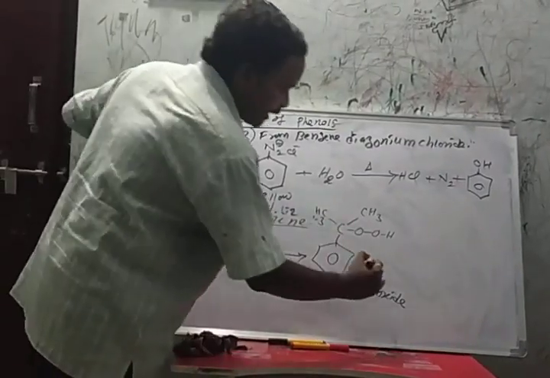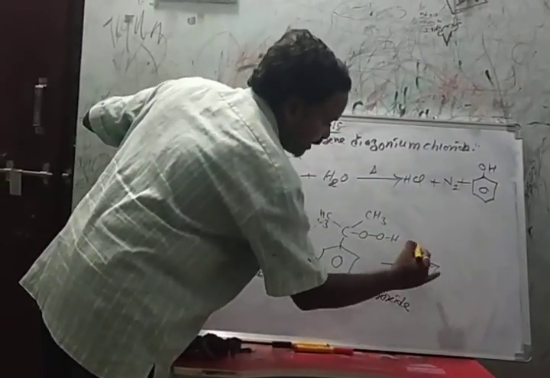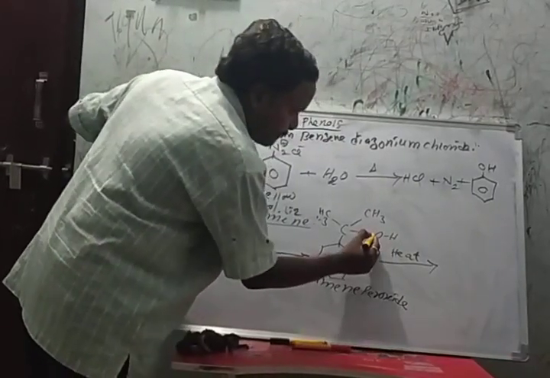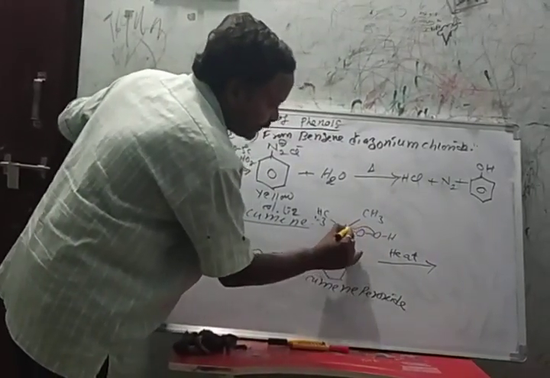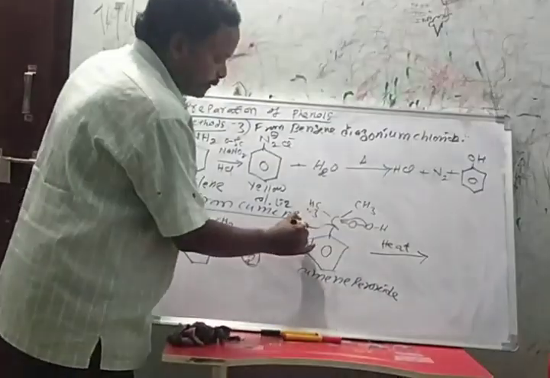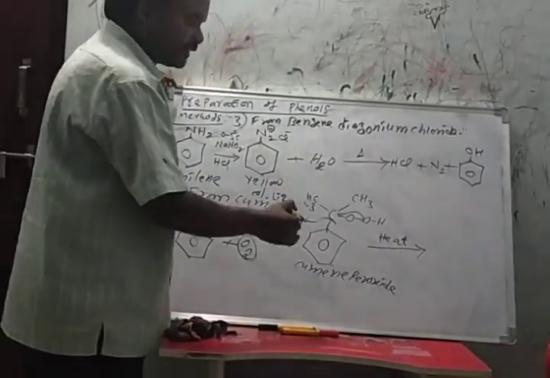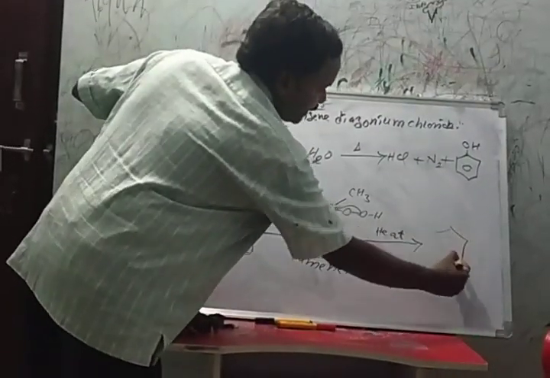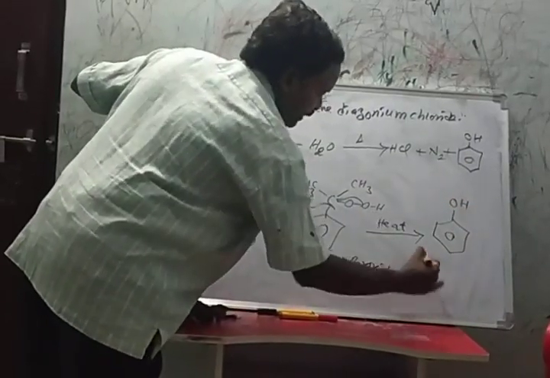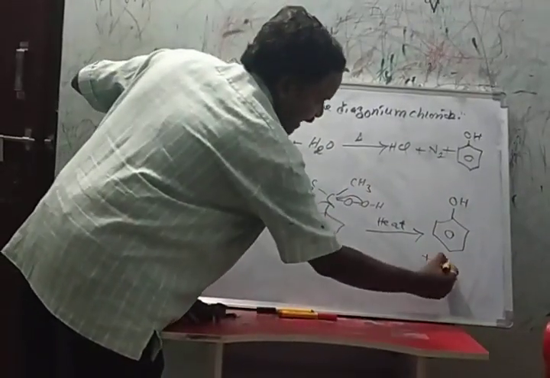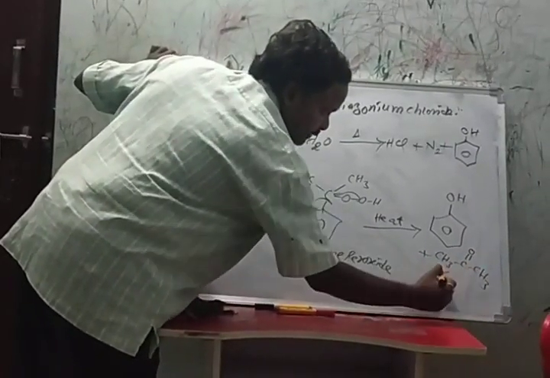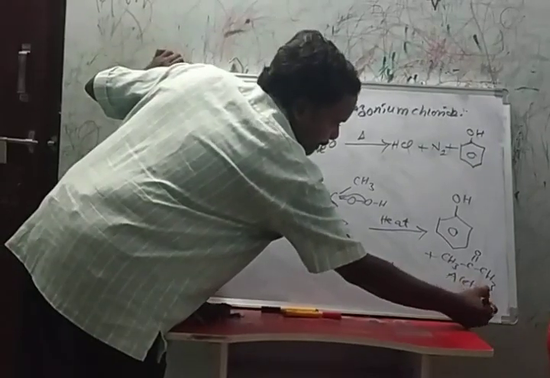This cumene peroxide, just heat it. What happens? These electrons are transferred towards carbon and it is released from the benzene system. Benzene attached with the OH group, and this is released as CH3, C double bond O, CH3, which is acetone.